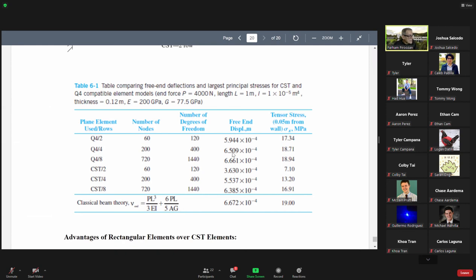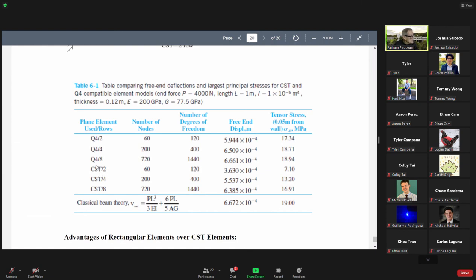Compare it to the exact solution, 6.67. Very quickly it approaches it. And then if we make it 8 rows or 720 nodes, we get 6.66. So very close, converging to the exact solution.